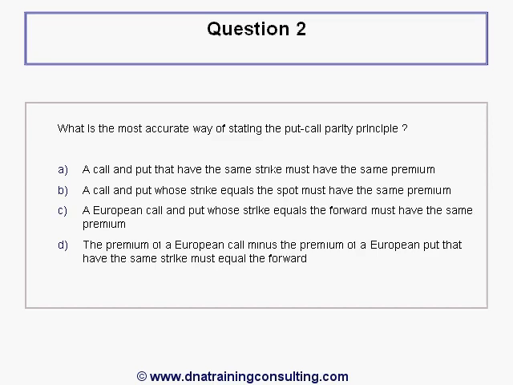Solution to question 2. Statements A and D are completely false. Statement C is slightly better than statement B in specifying that the option must be European, and therefore the correct answer is C.